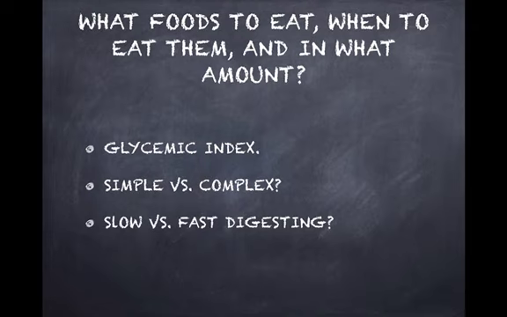So the more of these simple digesting carbohydrates you eat, the more insulin release, the greater the glucose uptake, and then ultimately the greater the storage of fat, especially when you're at rest. However, low glycemic foods, such as sweet potatoes, don't result in that really high blood sugar spike and insulin spike.